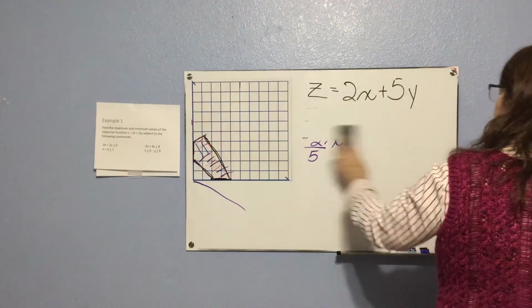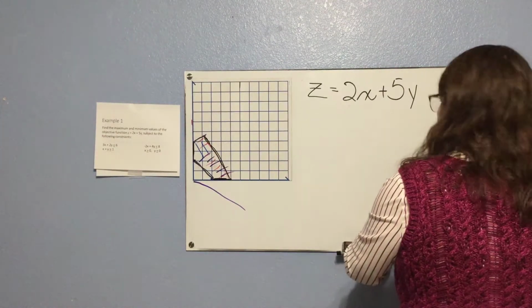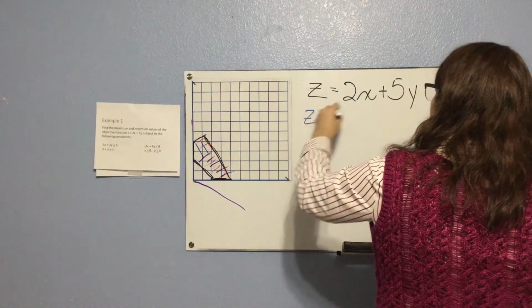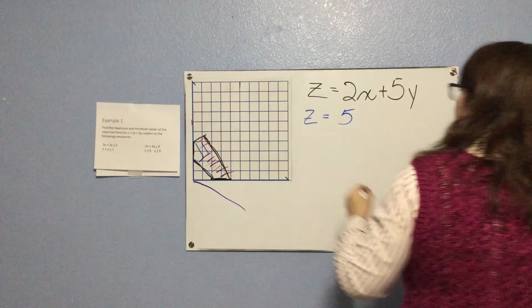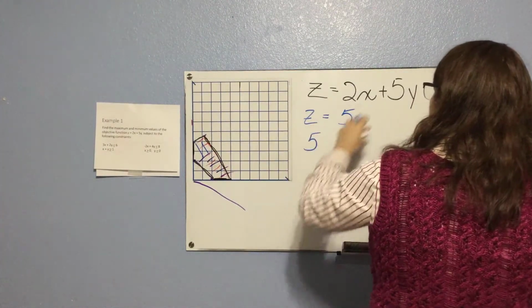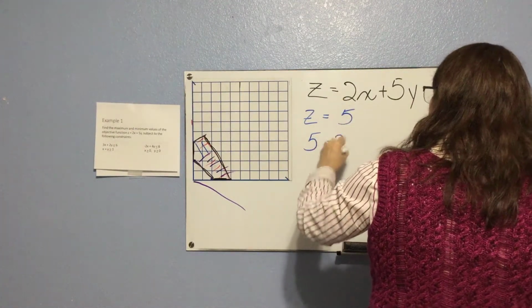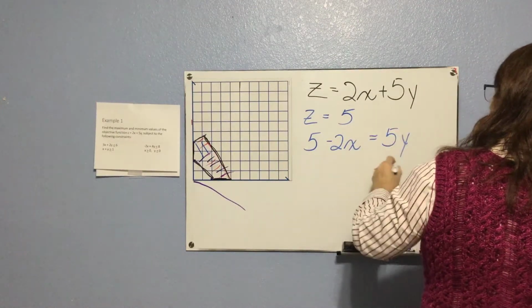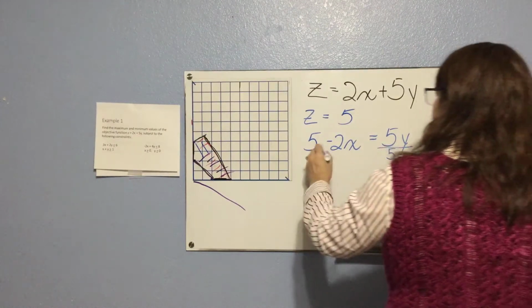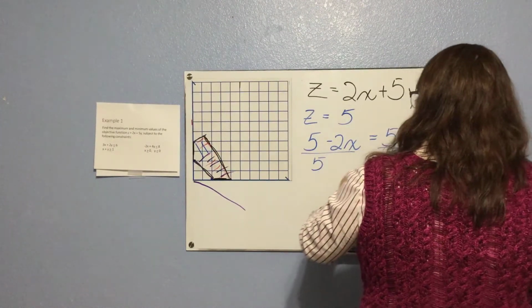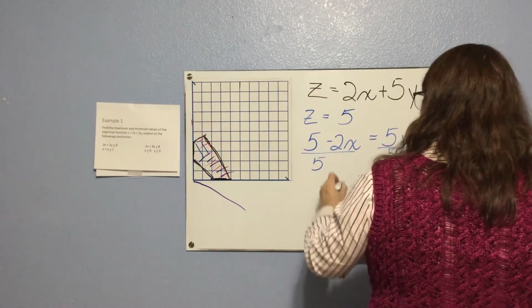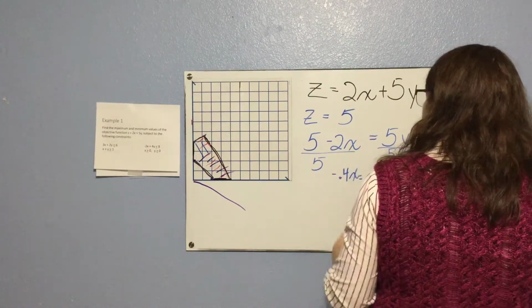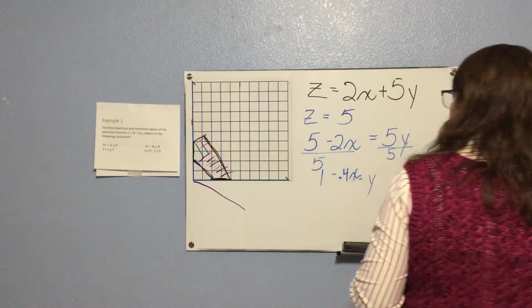Let's try a different value for z. Let's let z equal 5. If z equals 5, then I have 5 minus 2x equals 5y, and then divide by 5, and I get y equals negative 0.4x plus 1.